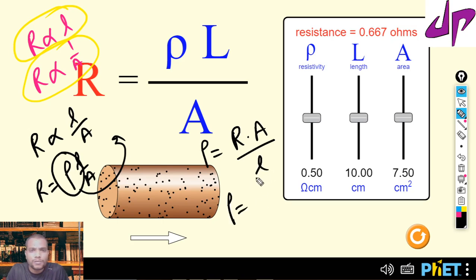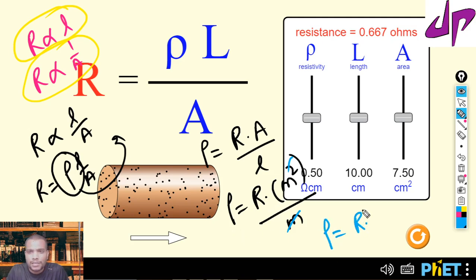Suppose the area units are meter square, and the length units are in meter. If you cancel one of the meters against the other, you end up with resistivity rho equal to resistance per meter.